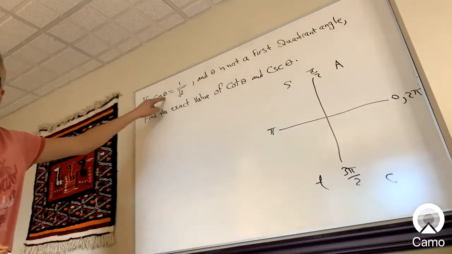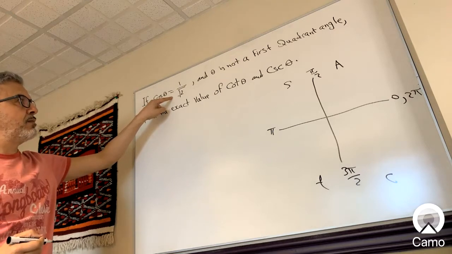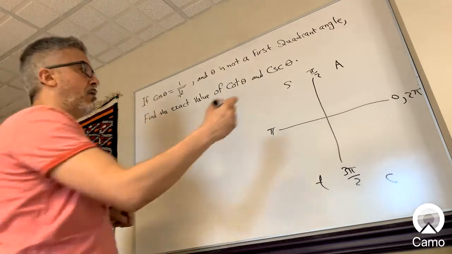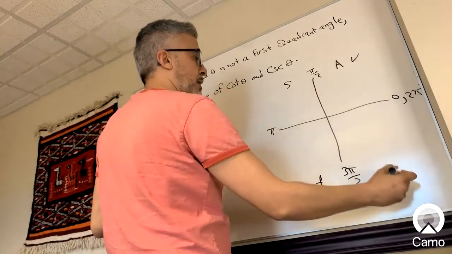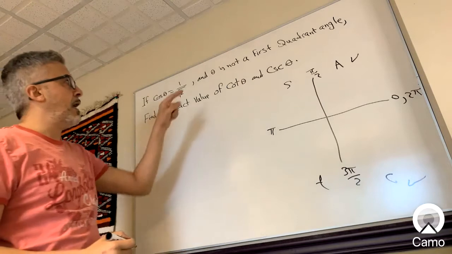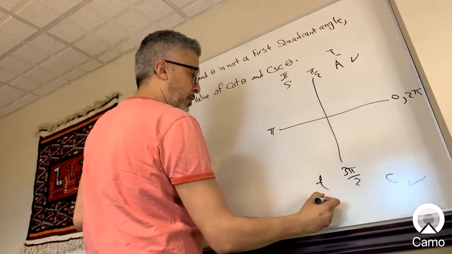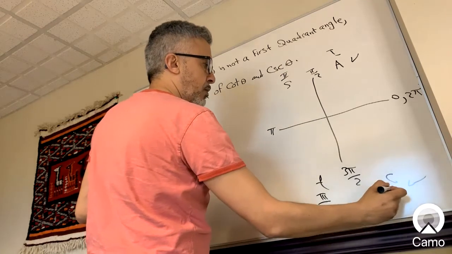Now, if you look at here, the cosine is positive. If the cosine is positive, then it could be only in the first quadrant and the fourth quadrant. Quadrant 1, quadrant 2, quadrant 3, quadrant 4.